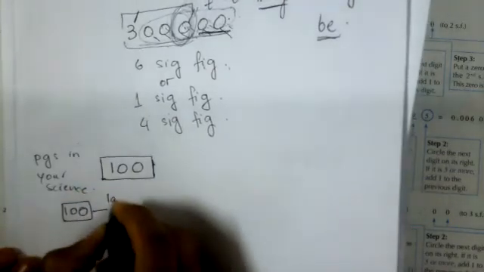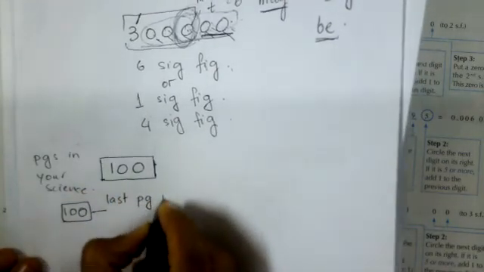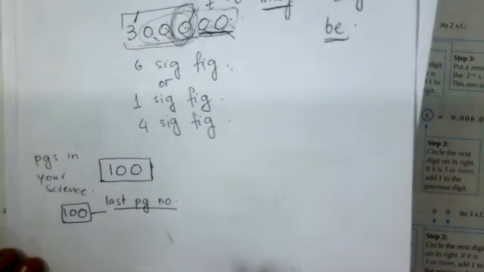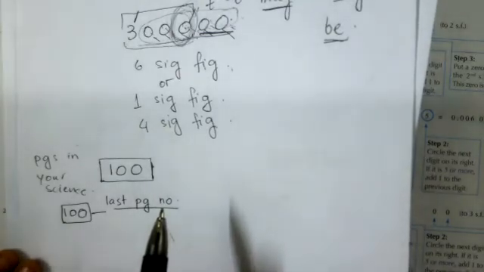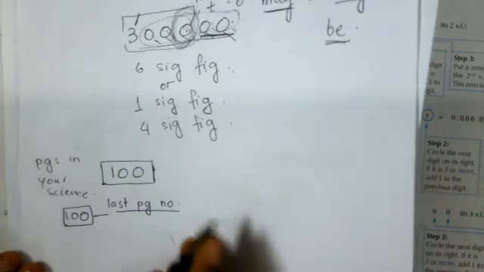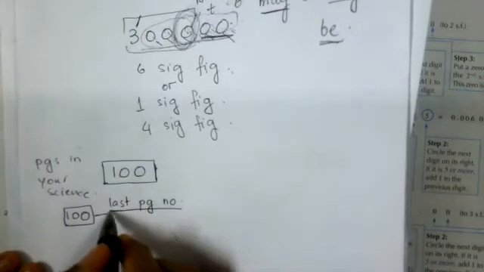It's only one significant figure because you're not sure, because in a book it also includes the first four pages, and they start counting after the contents. So if it were the end, that would mean you have 104, 105. And it was the last page number.